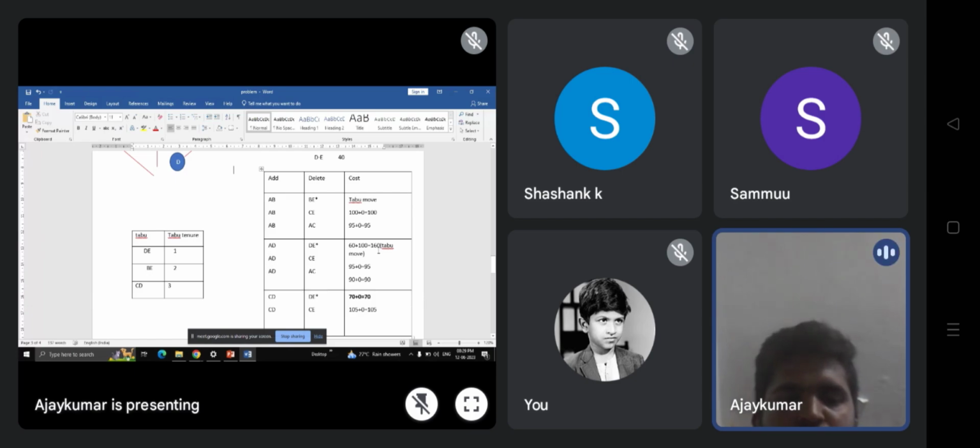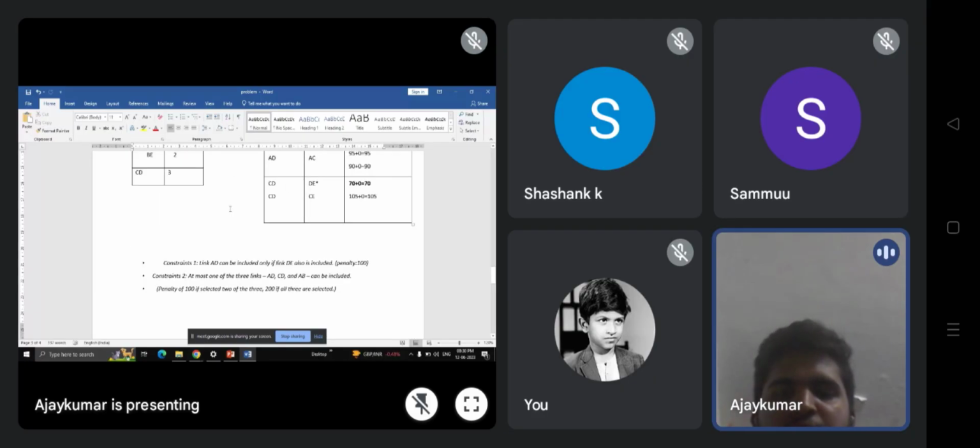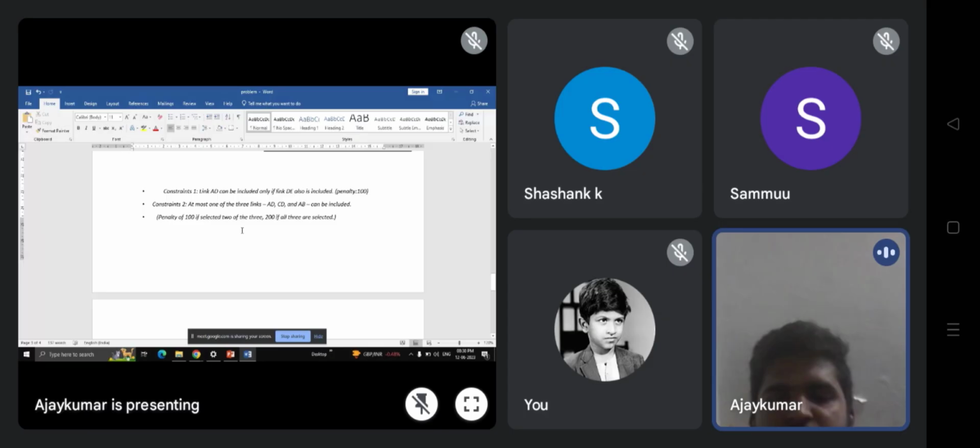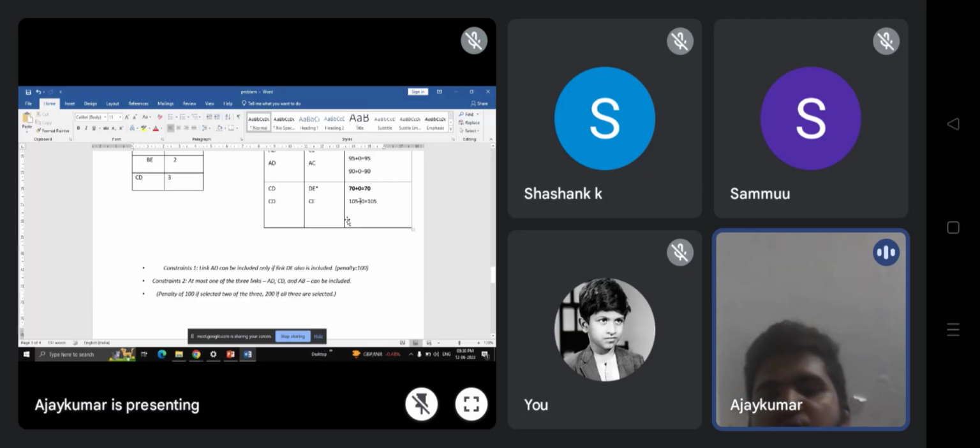This is the final solution because once we consider the Tabu as D, it reaches 3 iterations. So the optimal solution is adding CD and deleting DE in the third iteration, from the result of the second iteration, which gives a cost of 70, the minimum of all the previous iterations.